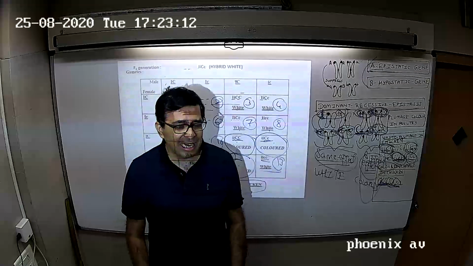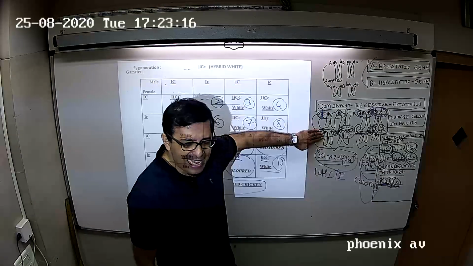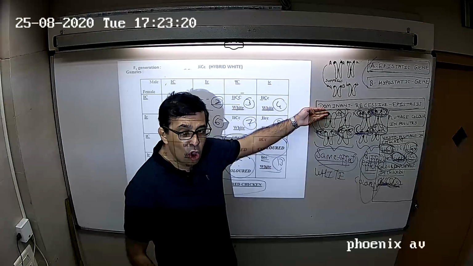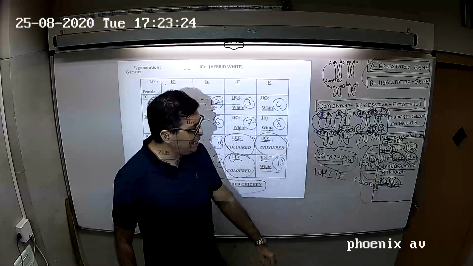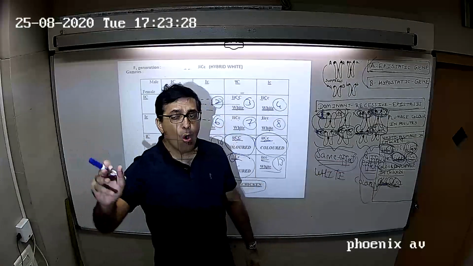In all these combinations, whether dominant epistasis or recessive epistasis, you got dominant recessive epistasis showing the same effect, white.